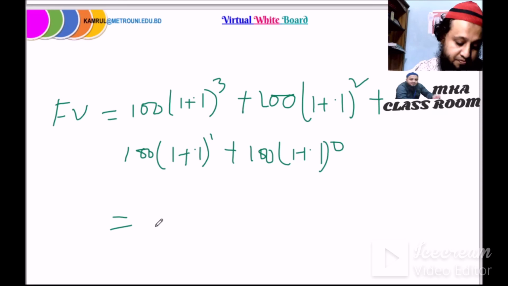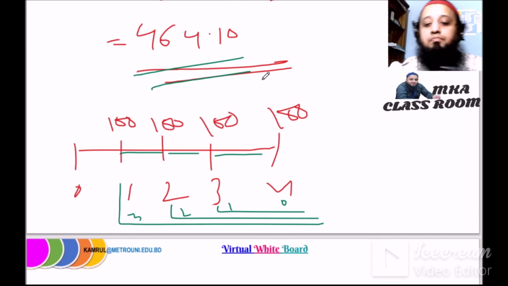The result is the same. So you can use either method, or these two methods, to solve this problem. That is our timeline method. Or you can use the formula at a glance.